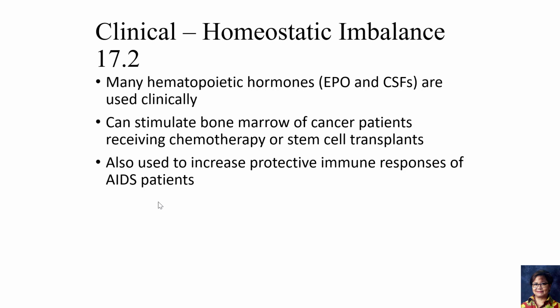And whenever the helper T cells, when we get into the immune response, you'll find out that the helper T cells play a major role in the immunocompetency of both the T cells and the B cells. A long time ago, when they were actually discovering these lymphocytes, they discovered the lymphocyte T and the lymphocyte B, and then they discovered the helper T cells. That's how they named it to be helper.